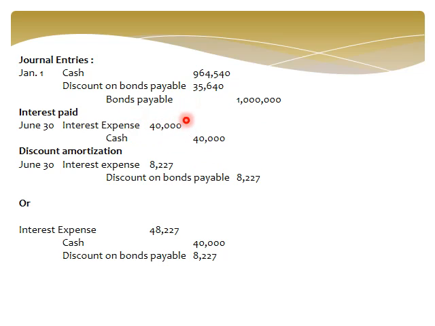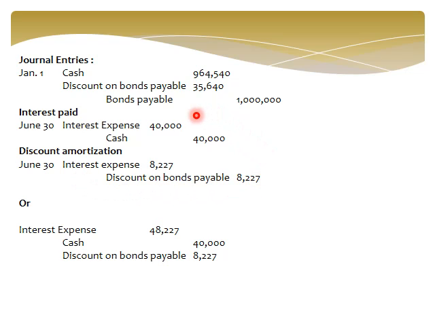So, therefore, kailangan natin dagdagan ng 8,227. So, to record discount on amortization, nadadagdagan si interest expense, nababawasan si discount on bonds payable. Bakit nadadagdagan si interest expense? Okay, mamaya i-explain natin bakit every time na ina-amortize si discount is nagde-debit tayo ng interest expense.